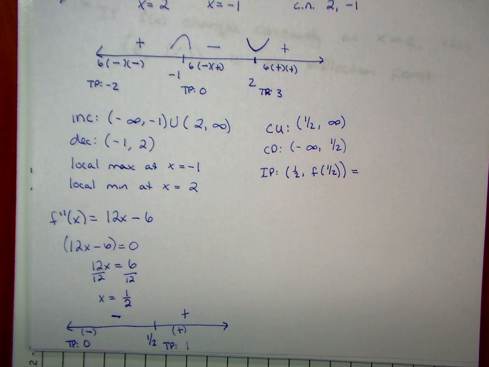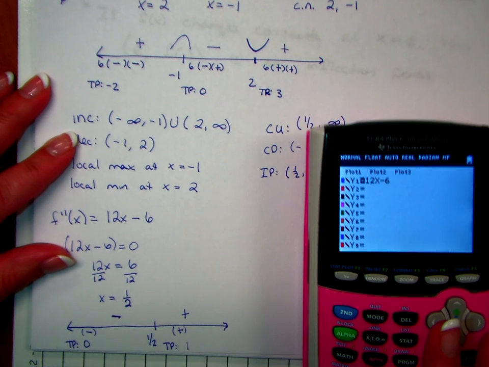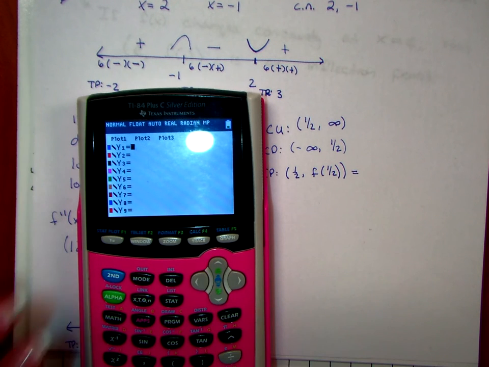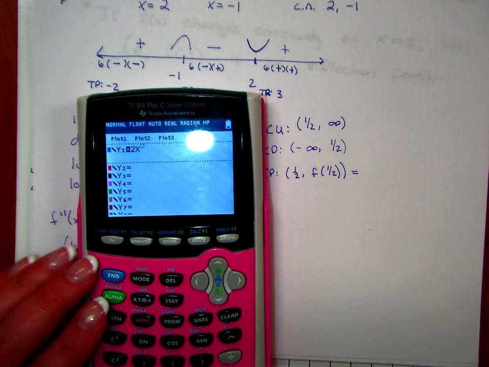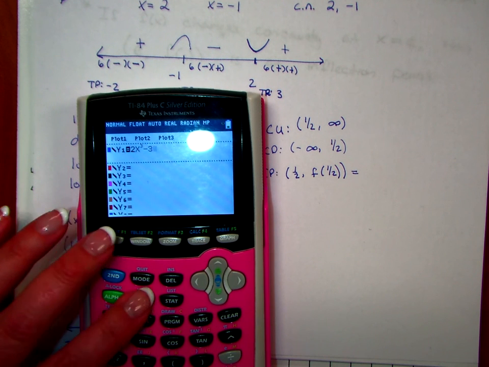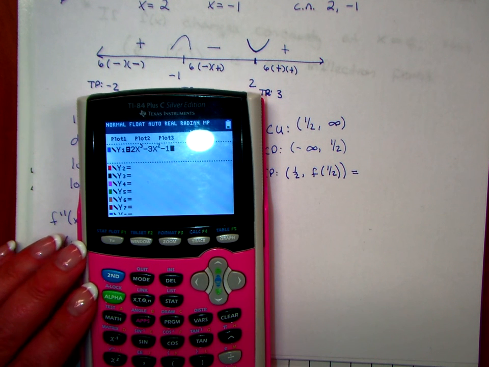Now, what I'd like to do is figure out what that y value is. So bear with me, I'm going to use my calculator here. I'm going to plug in my function, not the second derivative, not what you just saw there. We're going to plug in our function because the inflection point is a point on the function.